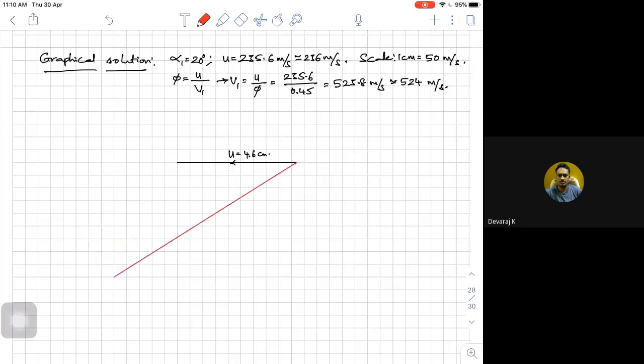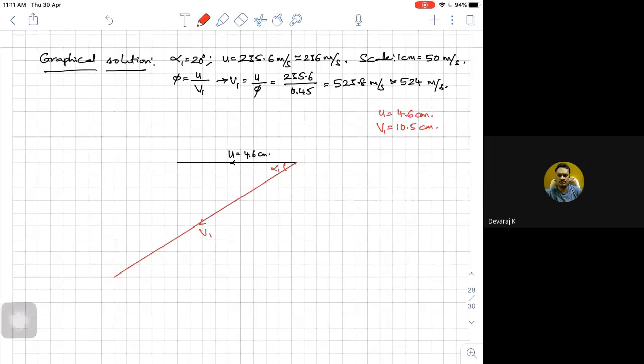This will be my V1 with alpha 1, which is 20 degrees. V1 is equal to 10.5 centimeters, and U is 4.6 centimeters. Or if you want to write in millimeters, it is 46 mm and this is 105 millimeters.